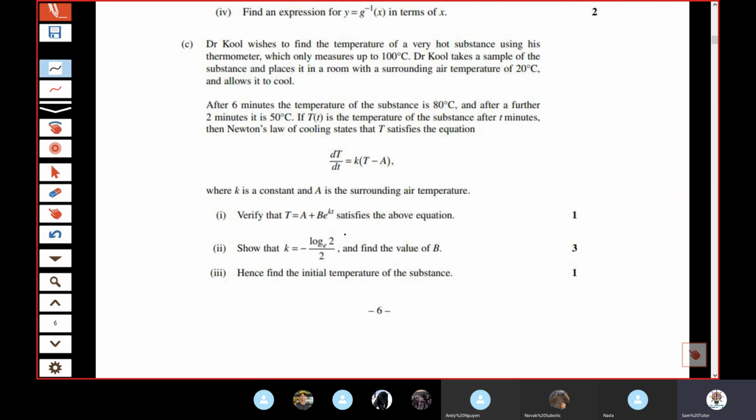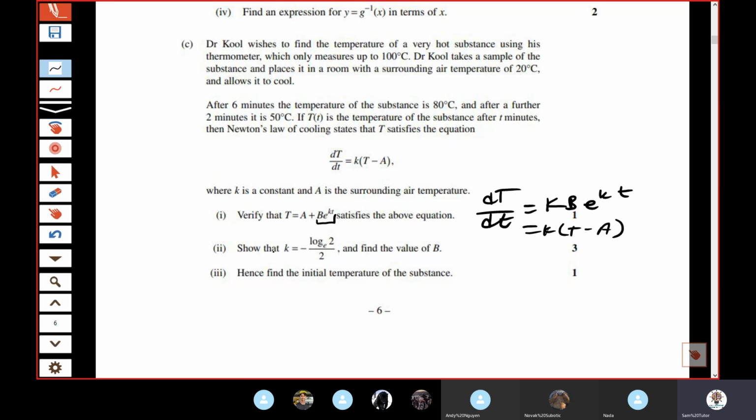Verify that T equals A plus B e^KT satisfies the above equation. The fastest way is to differentiate. So dT on dt equals K B e^KT, and then again B e^KT is just T minus A. Easy.